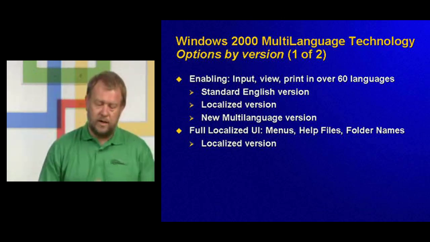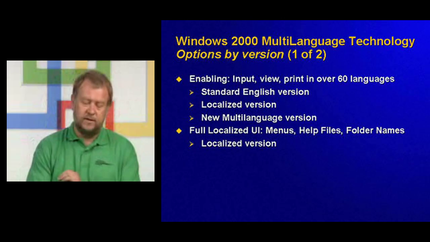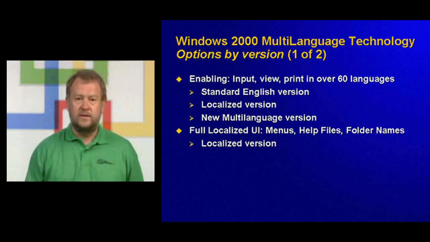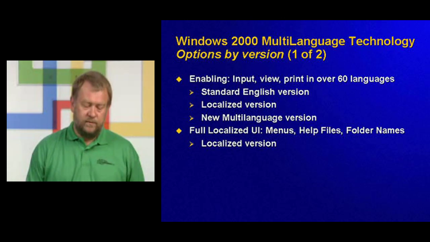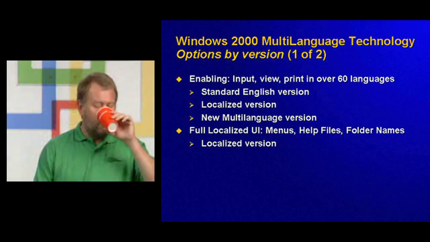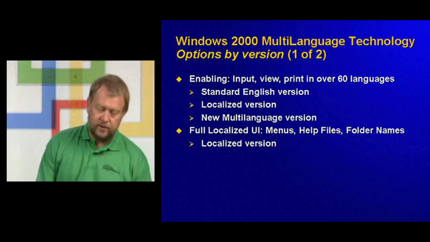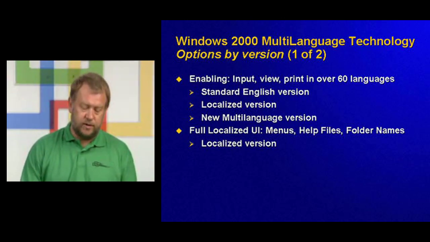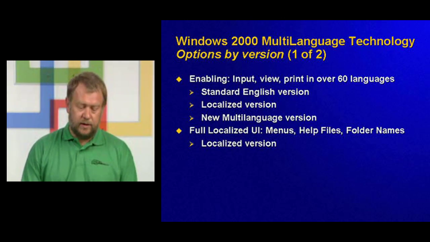So here's some more guidelines on this. These are the capabilities that are provided by the various versions. First of all, the standard English version. As I said, it's enabled. In fact, let's look at this first column here. This is the enabling. You can input, you can view, you can print in all of the supported languages on all versions of Windows 2000.